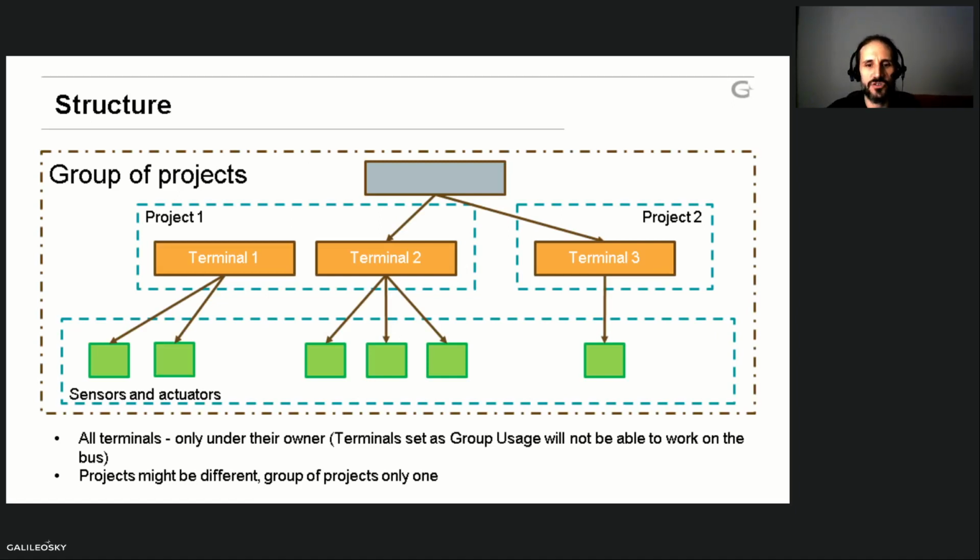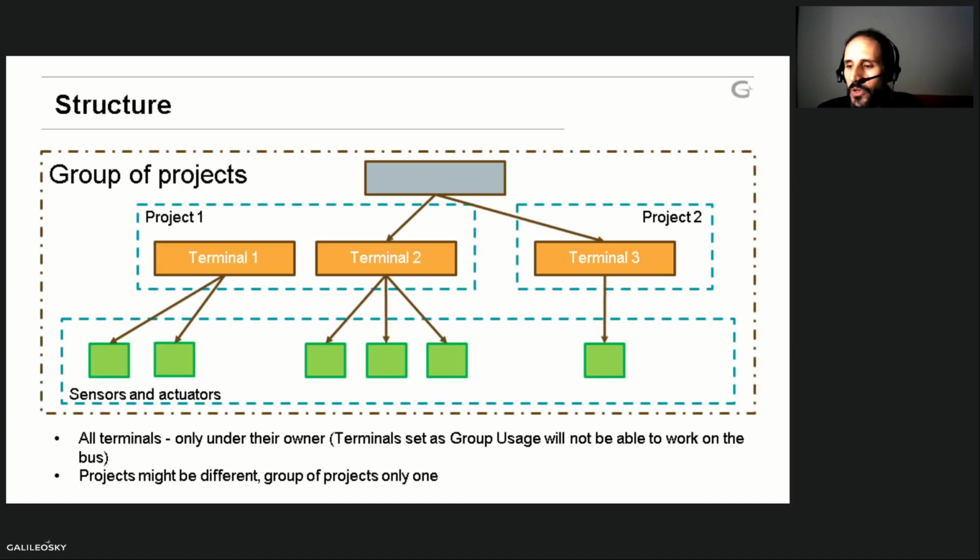Which limitations do we have with this structure? All terminals must be only under one owner, and these devices cannot be using the group usage option. So it must be owned by just one owner.